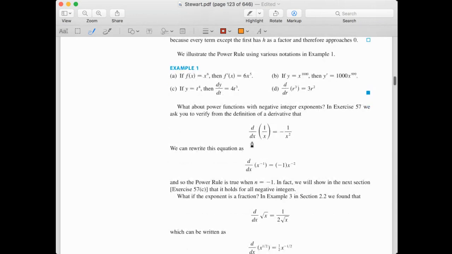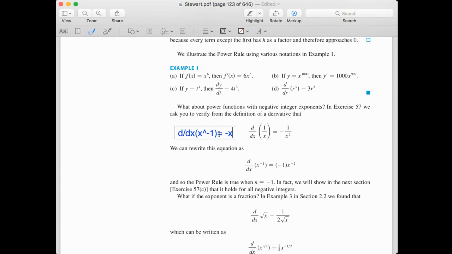This is polynomial-like. So 1 over x we can think of as x to the -1, right? So the derivative of x to the -1, we can write it as polynomial-like. Then we move -1 to be the coefficient, so we get negative x to the -1 minus 1, which is -2.